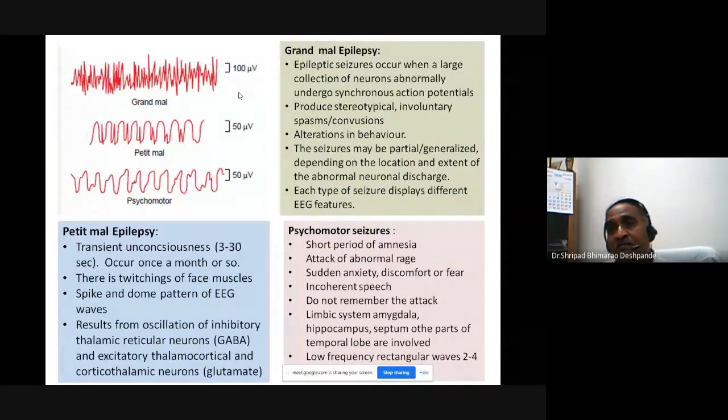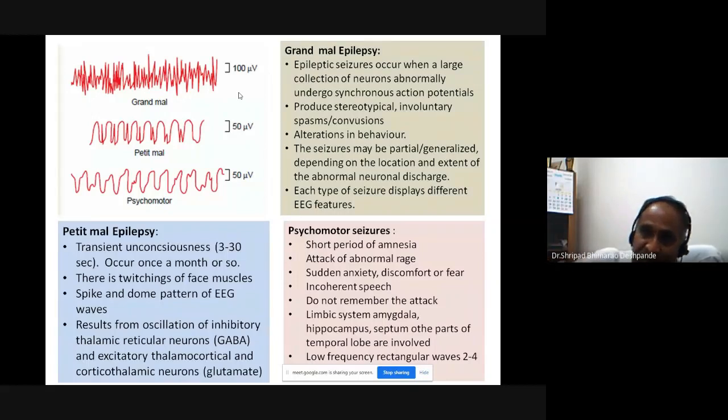We may trigger convulsions by producing some hypoxemic status, but no doctor would like to do that, and we don't want to induce convulsions. Okay, that is about grand mal epilepsy. I have given the points there.